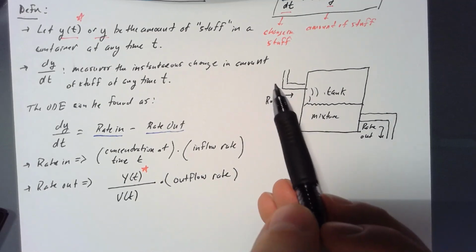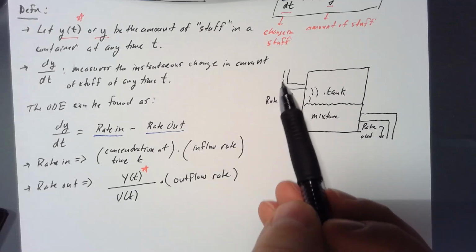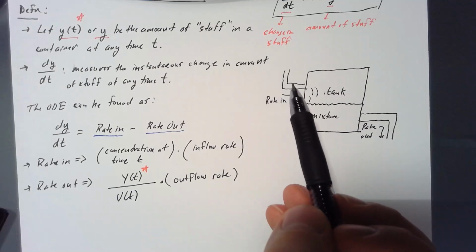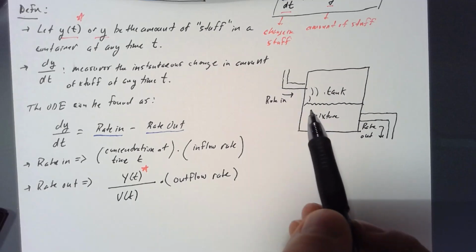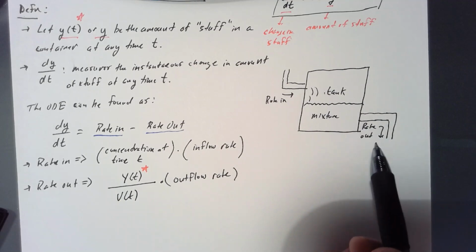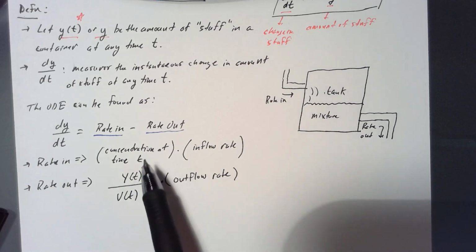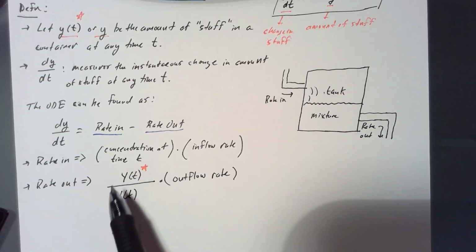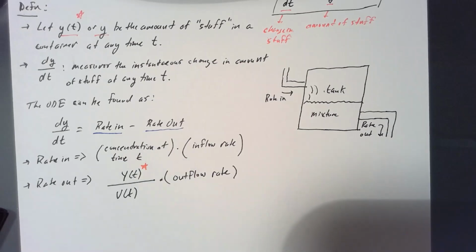The concentration coming in here is dependent on nothing. It's at its own unique mixture. But once it gets mixed in with all the stuff here and it comes out, it's going to be dependent on what was in here originally. That's why this quantity right here is not the same as the concentration here.